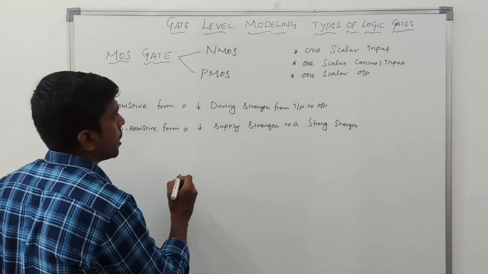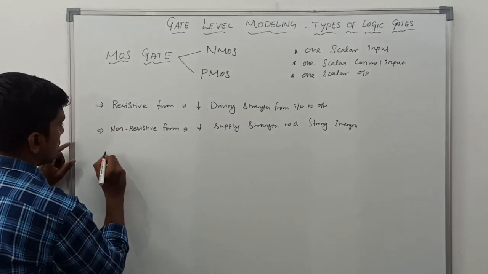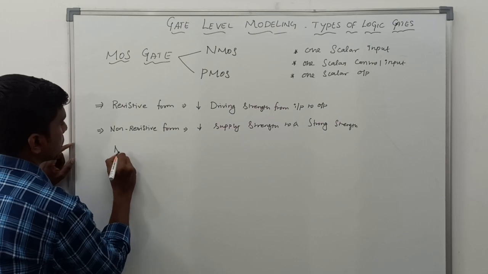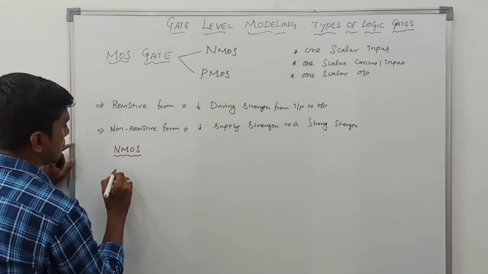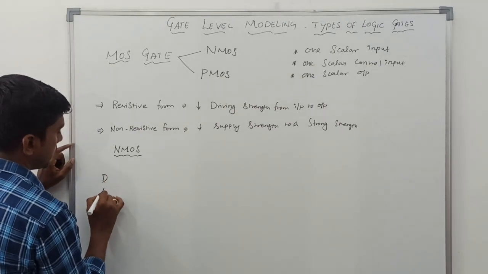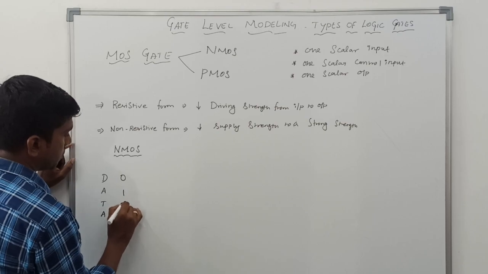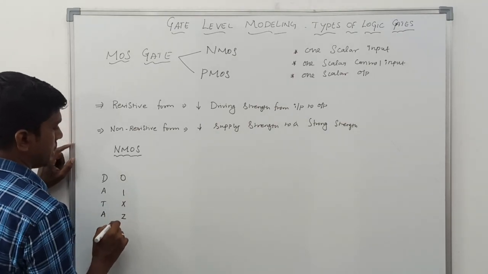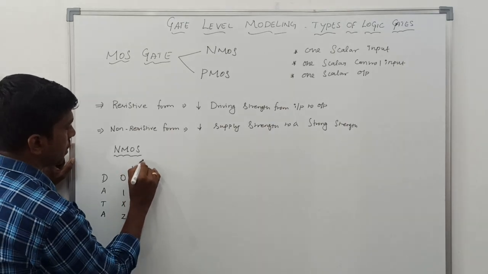Now I am going to write the truth table for NMOS and PMOS. Let me write the truth table of NMOS. The data values are 0, 1, don't care, Z. These four values are considered as data.